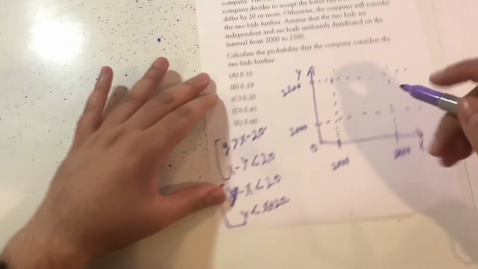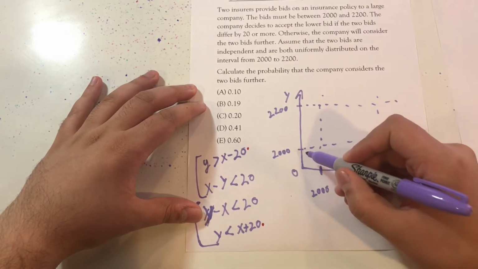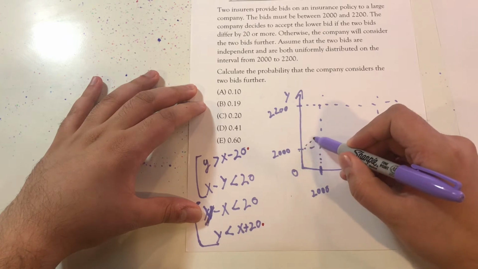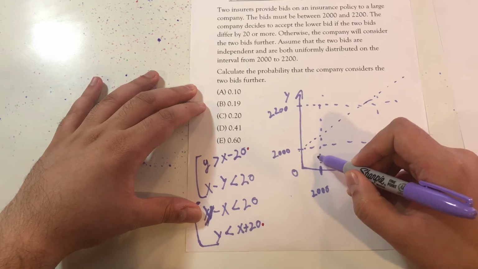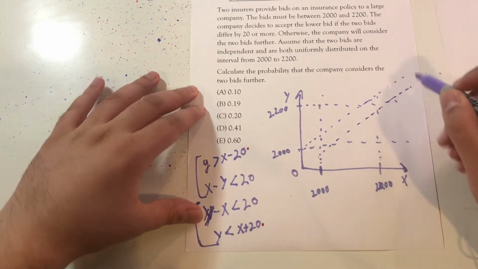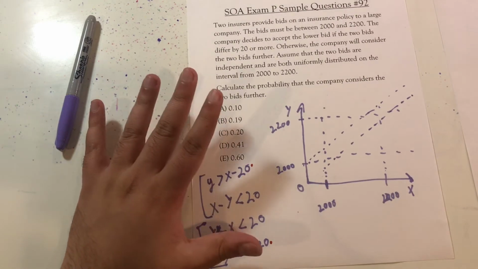And we're going to find those lines cut across about here and about here.